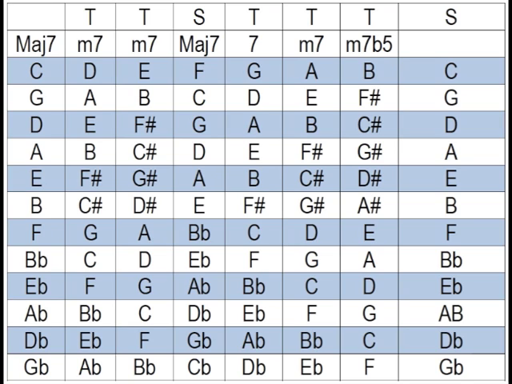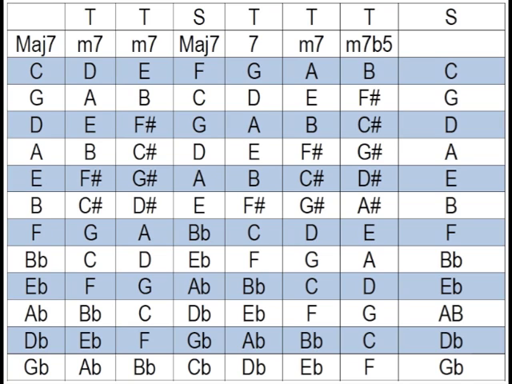So those are the chord types you get out of a scale when you're dealing with 7th chords. How a 7th chord is built is a lesson on its own, but basically you take the 1st, 3rd, 5th, and 7th note of a scale, and that is how you make your 7th chords. So the order of chords is always the same. Major 7, minor 7, minor 7, major 7, 7, minor 7, minor 7 flat 5.